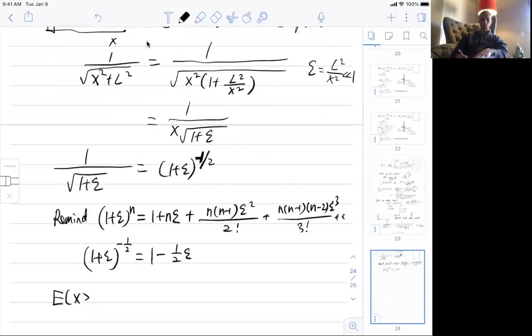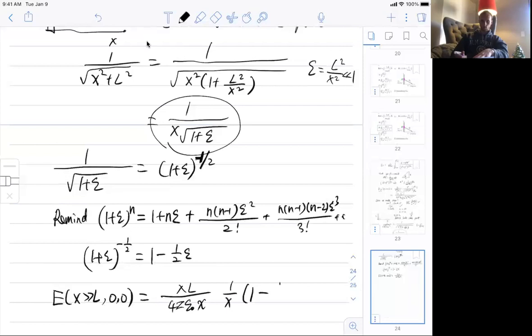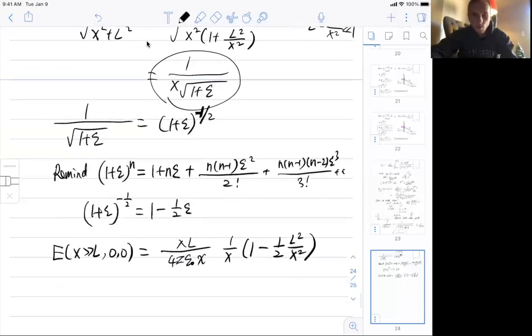E, when x is larger than L, in the limit becomes lambda L over 4 pi epsilon naught x. And this becomes 1 over x, 1 minus 1/2 L squared over x squared. And you can see the first order term is simply lambda L over 4 pi epsilon naught x squared.